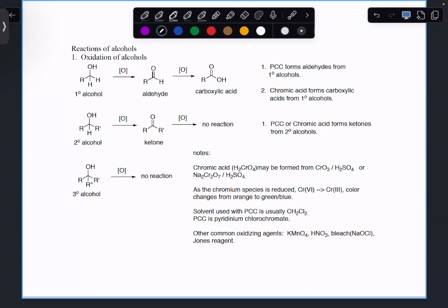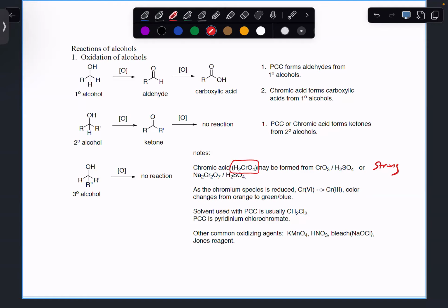Most of the ones that we're going to talk about in this class are going to be strong oxidizing agents. And the strong oxidizing agents are typically some form of a heavy metal, either a chromium or a manganese. So you can see a few of the strong oxidizing agents here. They tend to be some form of chromium, like a chromic acid.